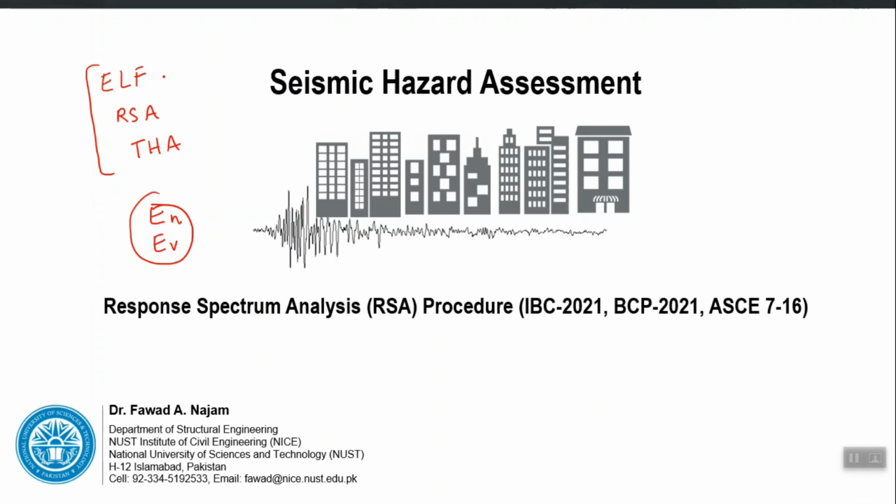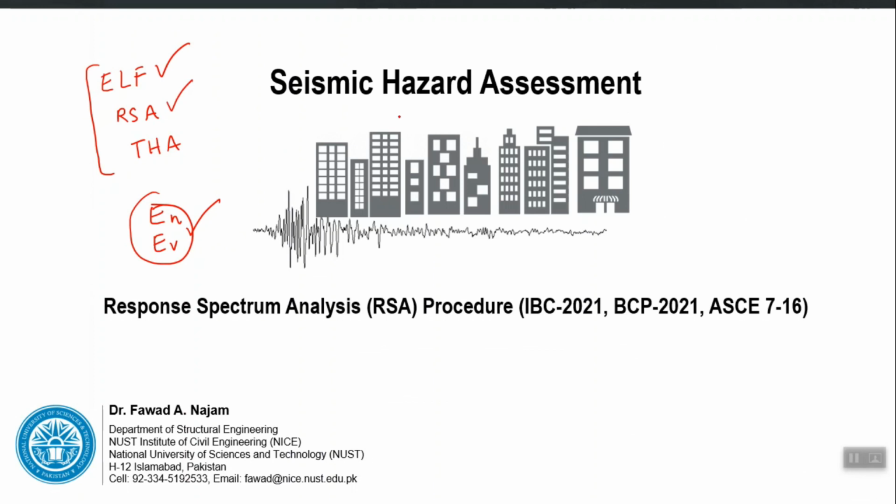ELF procedure is the basic one. It is based on the idea that you can calculate some static forces which can be applied to your computer model, which can represent the future loading of earthquake, and then you can combine that effect with the gravity load and other loads to calculate the seismic design demands.